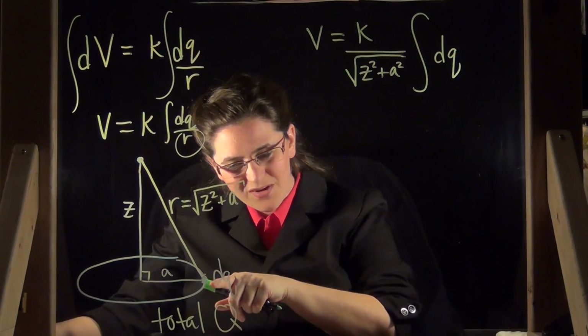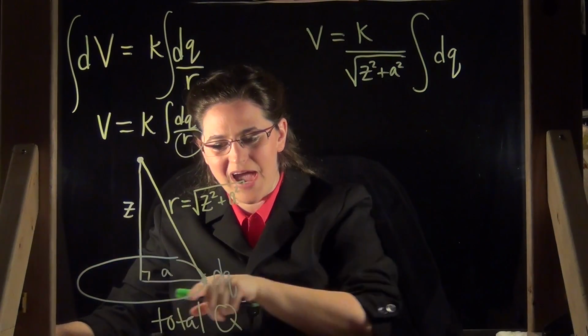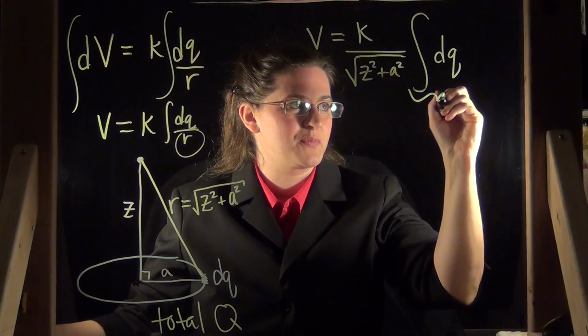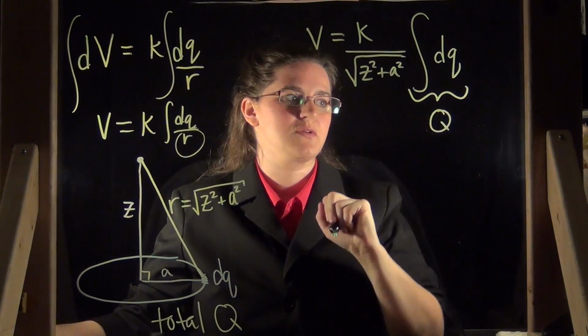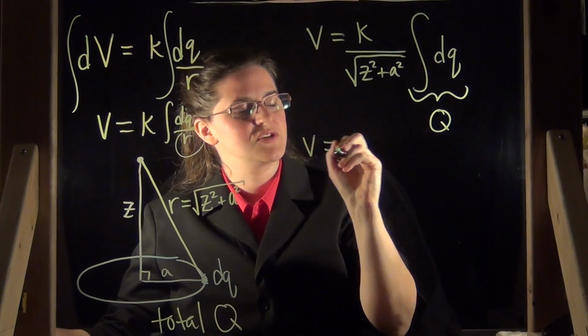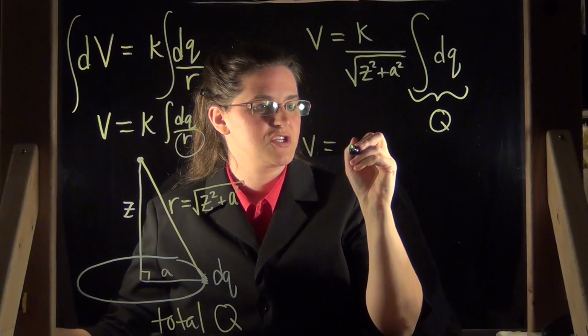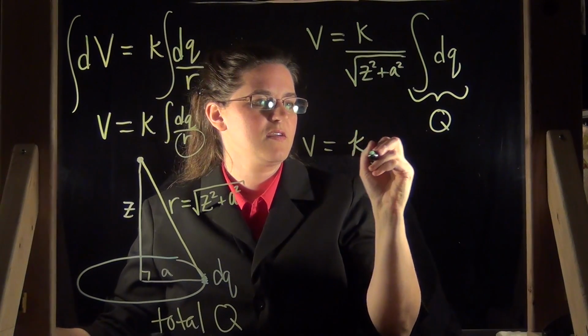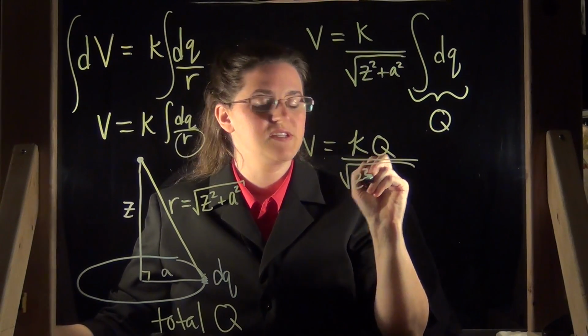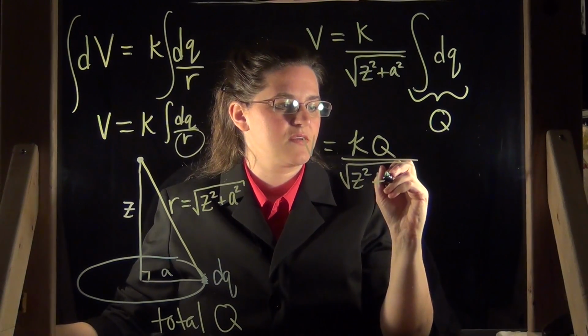What do the little dq's add up to? Well, they should add up to the total charge Q. So this is equal to the total charge Q. And so our potential due to a ring of charge above the ring of charge is kQ over the square root of the distance above squared plus the radius squared.